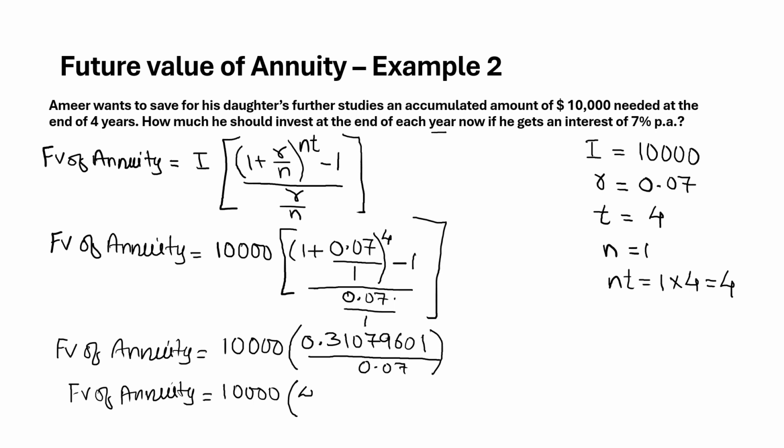So we will get 4.439943. So 10,000 multiplied by 4.439943. So our answer is, the future value of annuity which Amir will receive is how much?